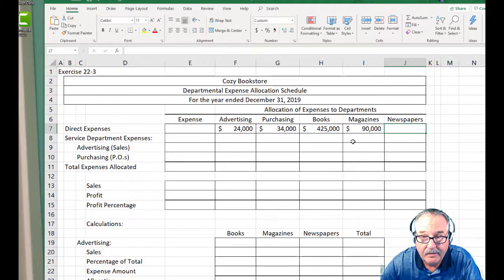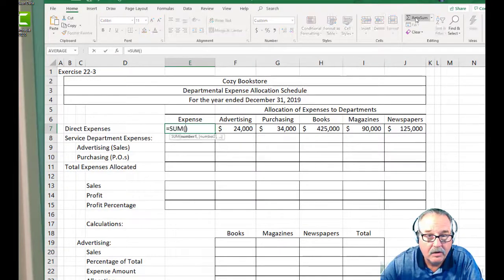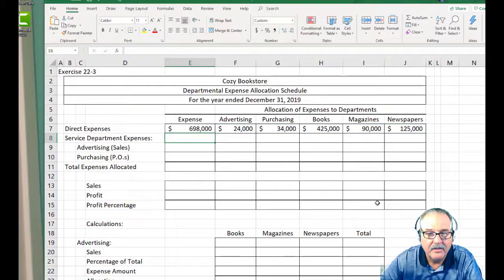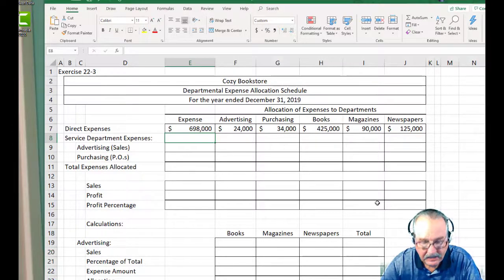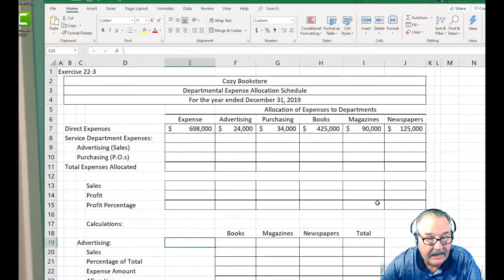The magazine department has the cost of the magazines and, again, salespeople that work in that department, and newspapers is $125,000. So our total expense for all five of these categories, three operating departments and two service departments, is $698,000.